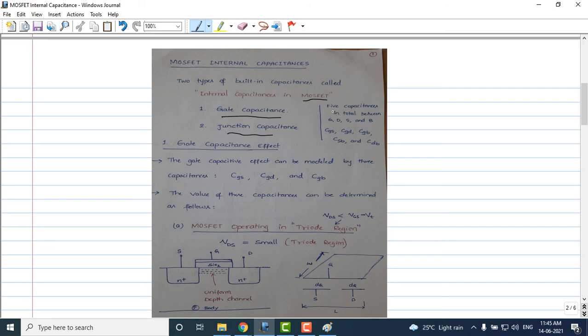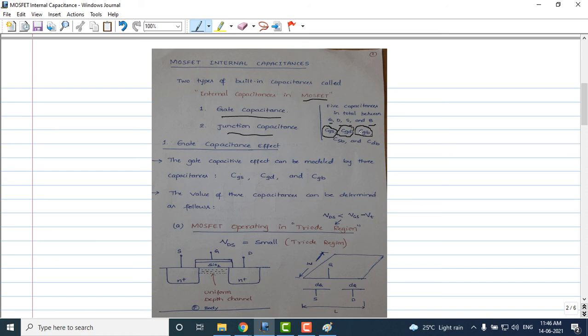In general, we can say that there are totally 5 capacitances within the MOSFET across these 4 terminals. The MOSFET by default is a 4 terminal device, namely gate, drain, source, body. Between the gate and source, the capacitance is denoted as CGS. The capacitance between gate and drain is denoted as CGD. CGB is the capacitance between the gate and the body or bulk.